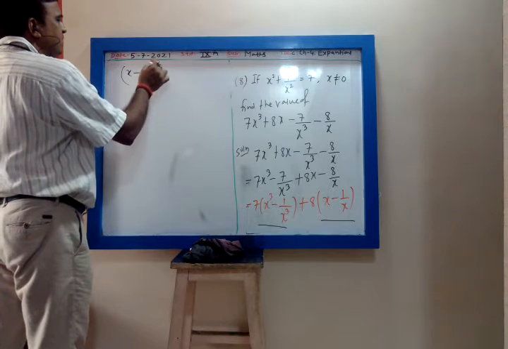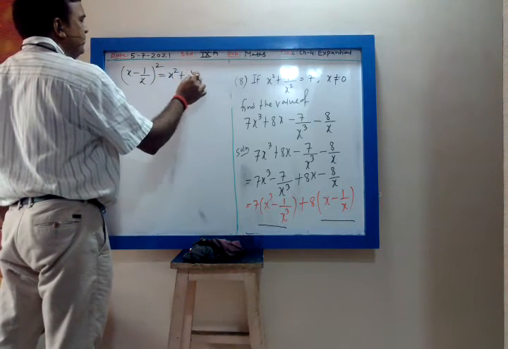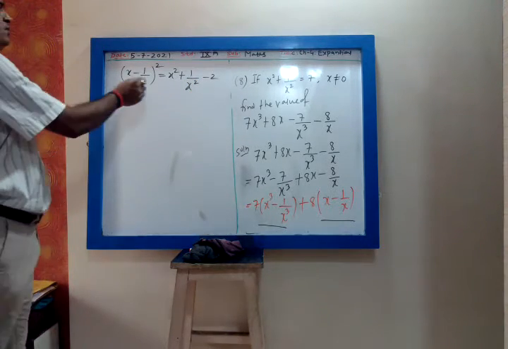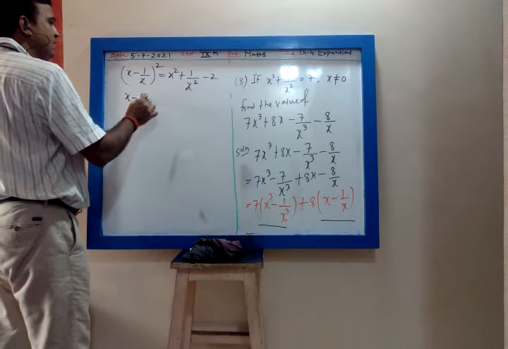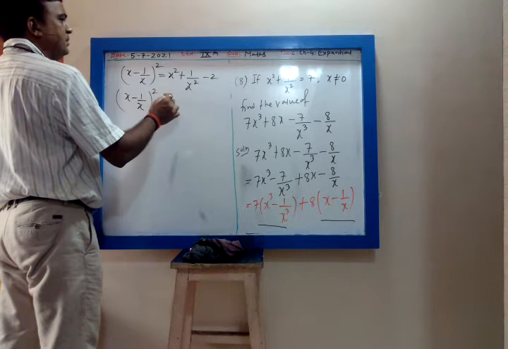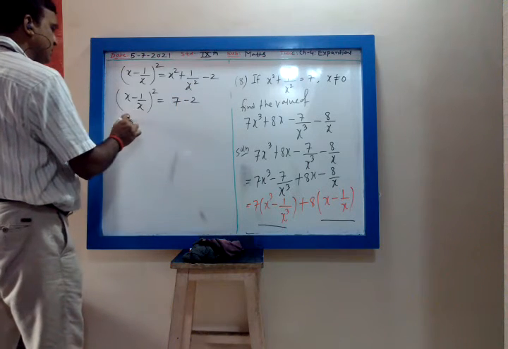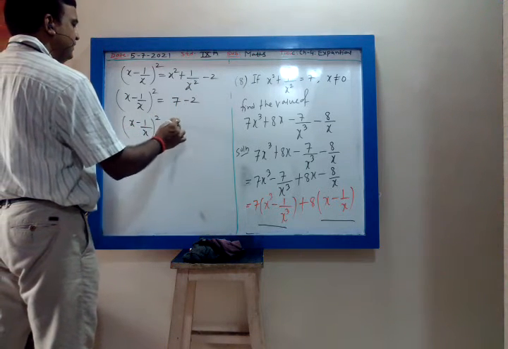You can use the direct formula also. So this is x square plus 1 upon x square minus 2, a minus b whole square. So x minus 1 upon x whole square is 7 minus 2, so x minus 1 upon x whole square is 5.